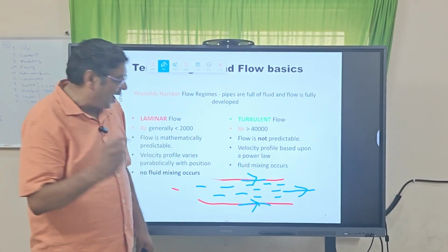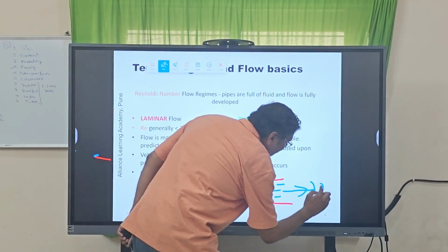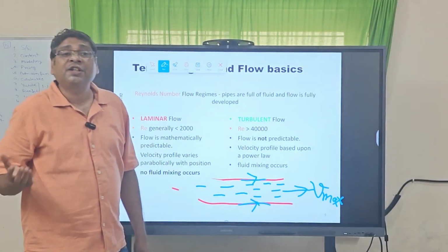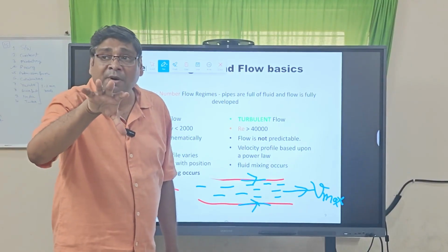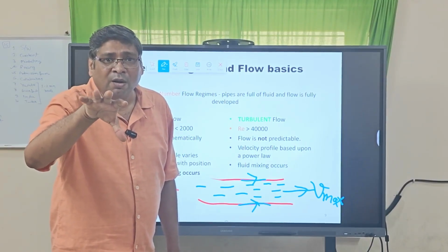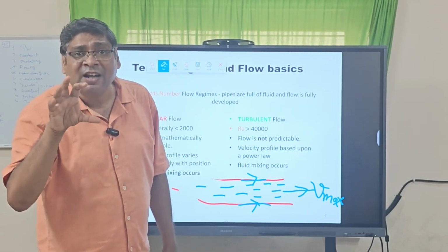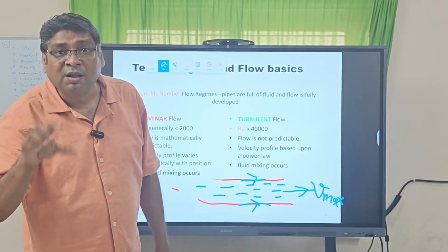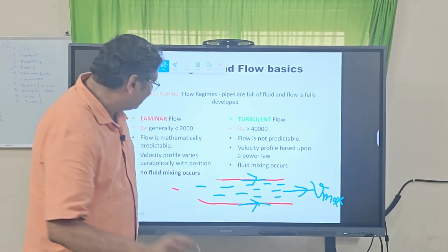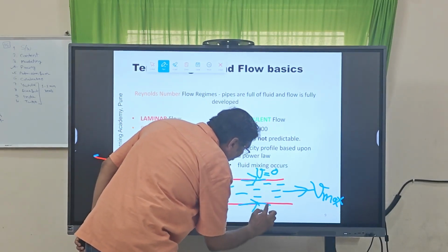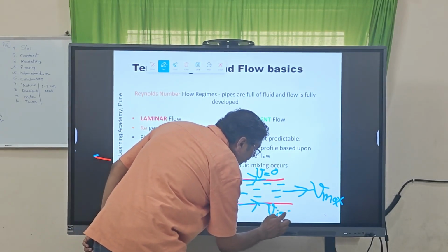The velocity will be high, or we can say maximum, at the midpoint. And where is velocity ideally zero or minimum? Newton's law. Where ideally will velocity be zero? The velocity will be zero ideally at the surface.